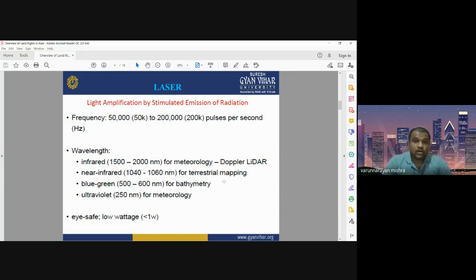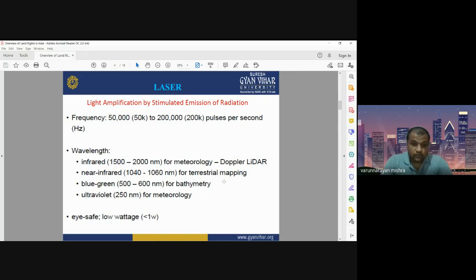If you want to study meteorology or atmospheric components, if you want to apply lidar in meteorology, then we use the infrared portion of the electromagnetic radiation, in Doppler lidar.